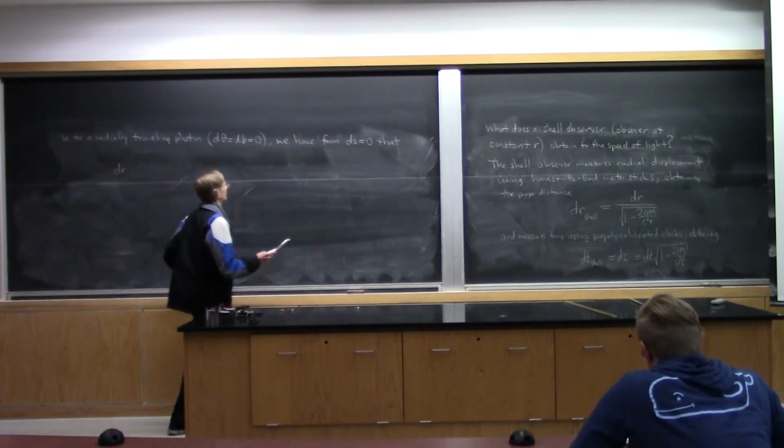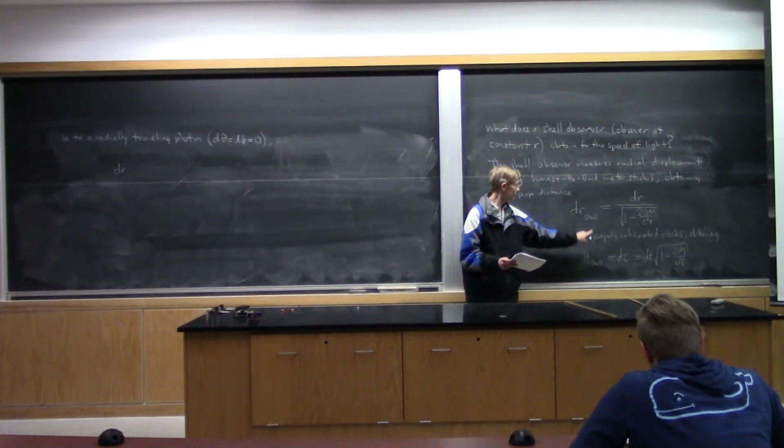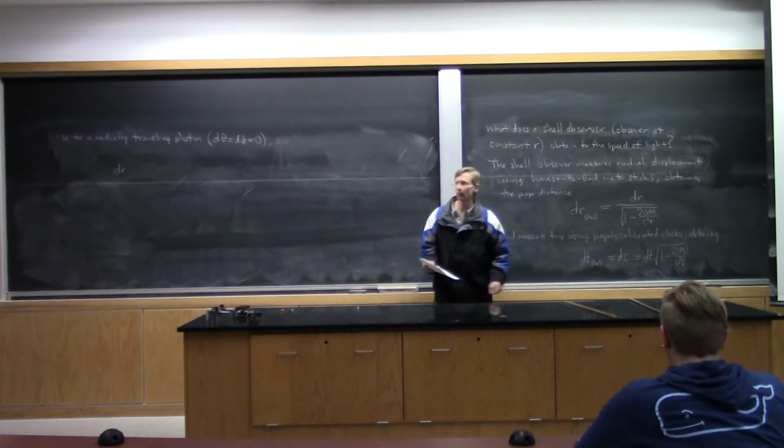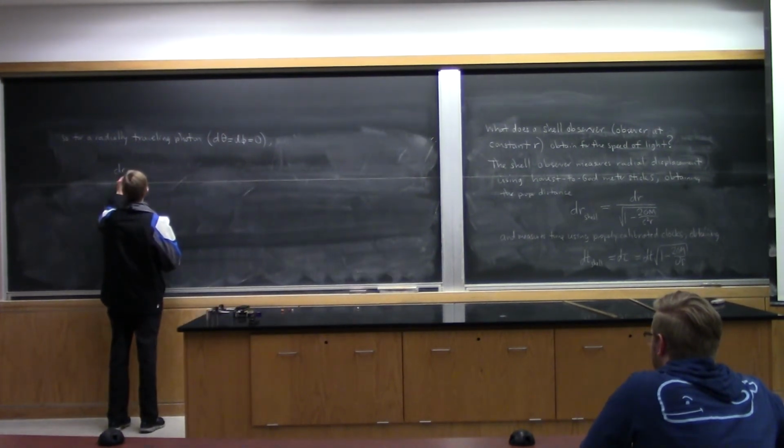We don't even use that part. Here's dr shell, here's dt shell, and we're just going to divide them. We have dr shell over dt shell for the photon.